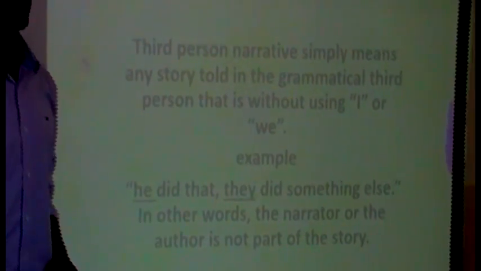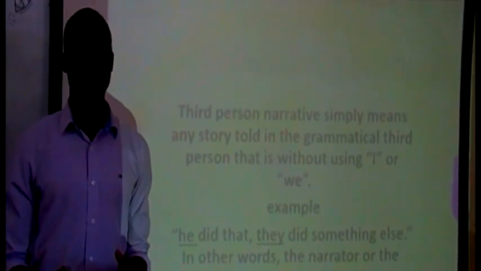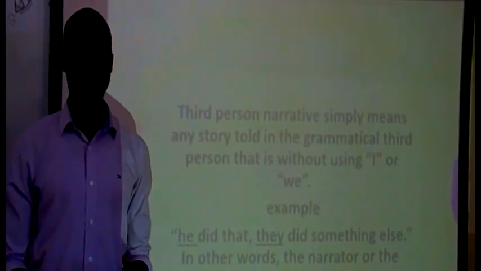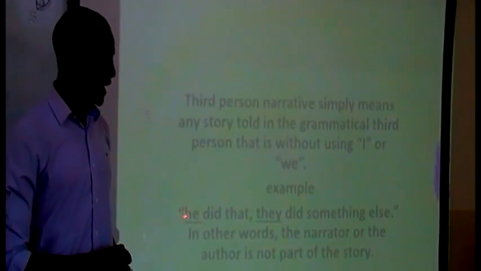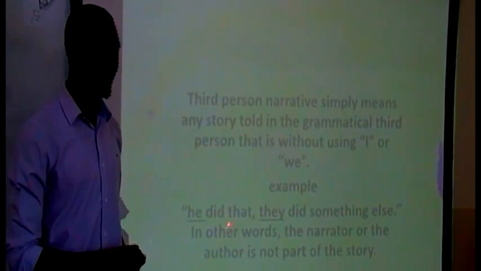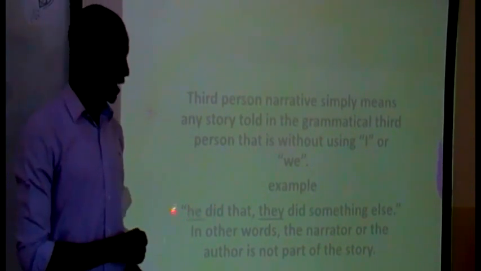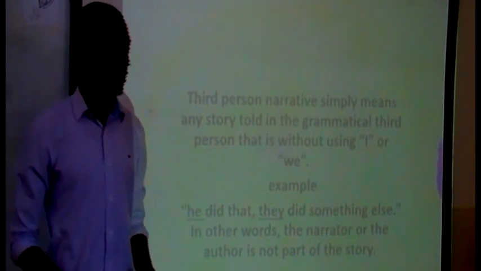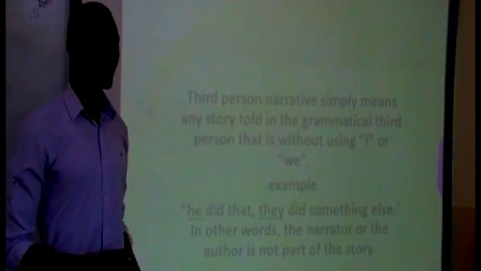Let's look at the examples that we can use when writing a story in third person narrative. We have one sentence here which says, he did that. The word he is underlined. He is a pronoun. Now, he did that.